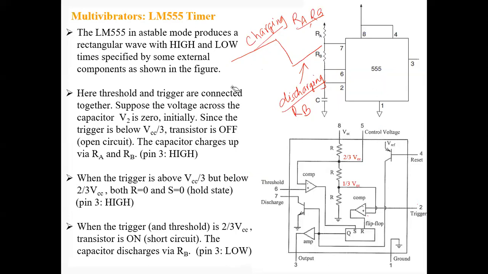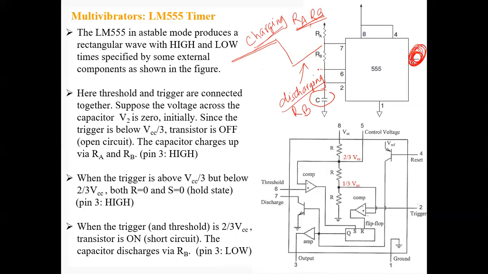So we came to the conclusion that while charging the capacitor, it charges through RA and RB. In that case, the output is high. This is the output, right? While charging the capacitor, it charges through RA and RB, and the output is high.